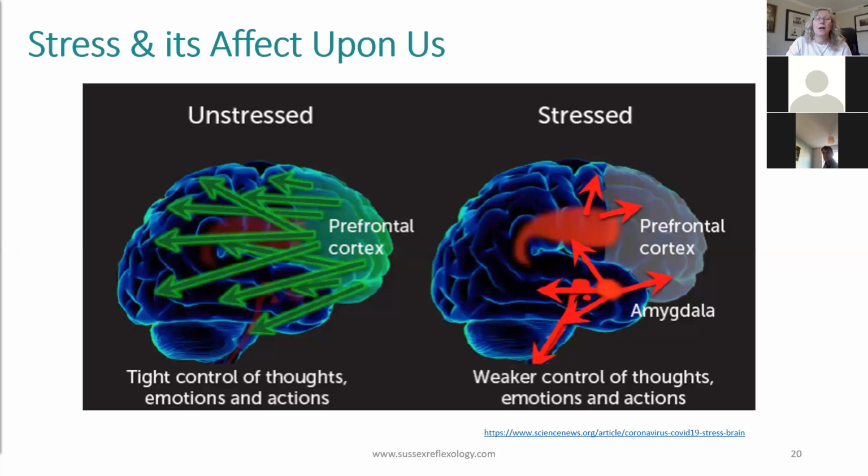So normally an alert person's brain has moderate amounts of chemical messengers that lead the prefrontal cortex to take charge and perform high-level thinking. That's the left brain on this picture. But with stress, those chemical signals flood the brain, activating the amygdala, and that means we become more heightened to awareness of external threats.